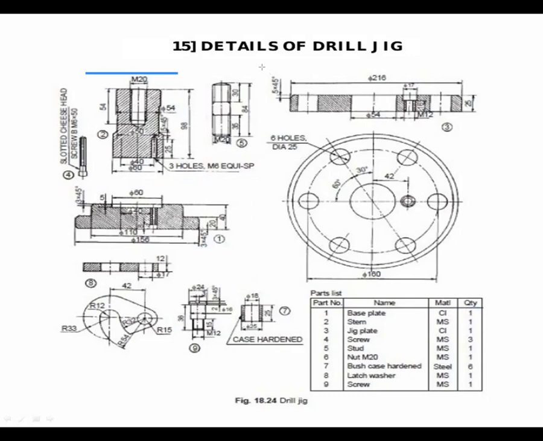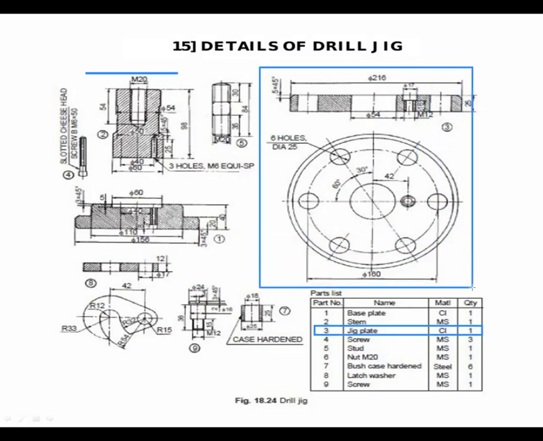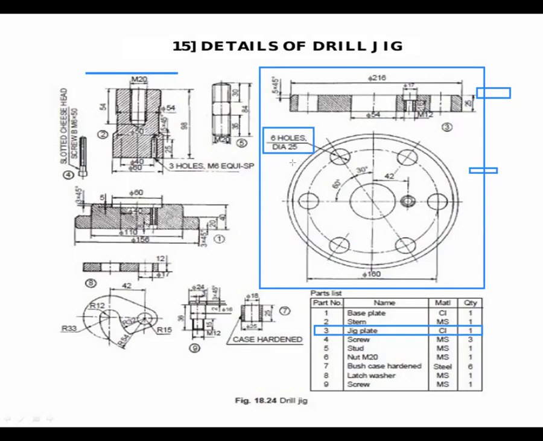and most important component is jig plate. This is the jig plate. The front view and top view is over here. This is the top view, and this is the front view. A number of holes are there, and here they have mentioned how many holes are present. 6 holes are there, having diameter, whatever provided in your examination, you have to mention over here.